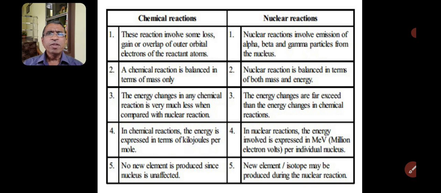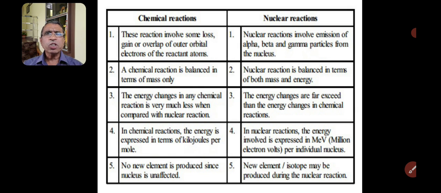The first one, chemical reactions involve some loss, gain or overlap of outer orbital electrons of the reactant atoms. In case of nuclear reactions, they involve emission of alpha, beta and gamma particles from the nucleus.